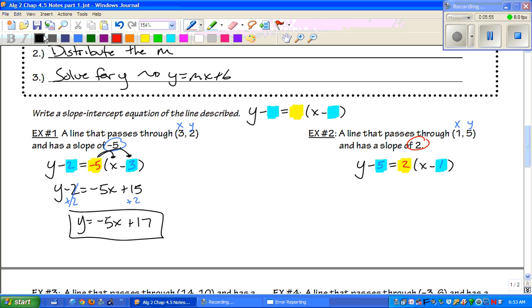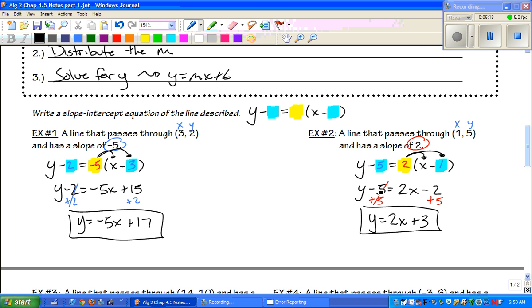Do we have any clicks? Nope. So let's go through and distribute the 2. y minus 5 equals 2x minus 2. And then to get the y by itself, we have to add the 5 to both sides. y equals 2x plus 3.